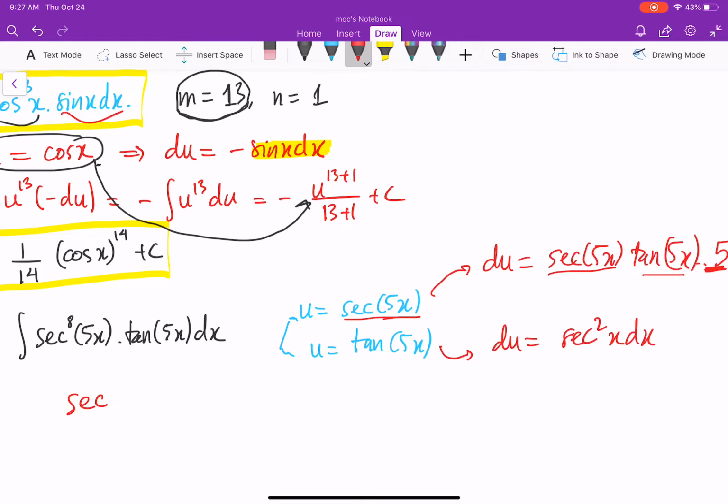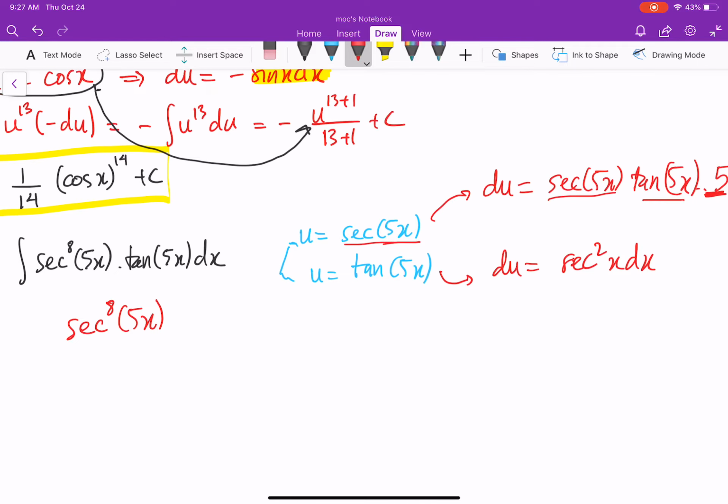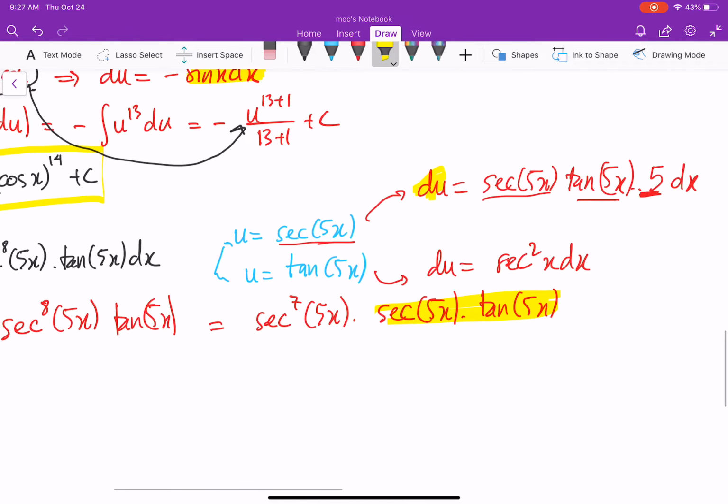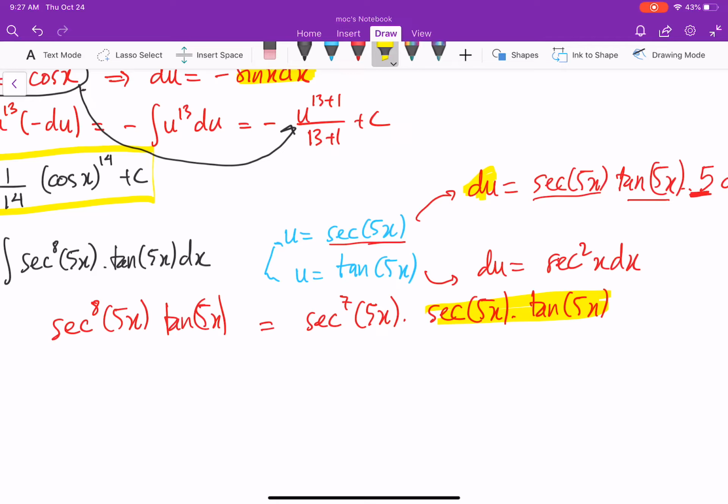Because secant 8 of 5x tangent 5x, I can write in the form secant to the 7 of 5x and then secant 5x and then tangent 5x. You see that? Secant 5x and tangent 5x are in du. And the remaining part, secant to the 7, is just u to the 7.